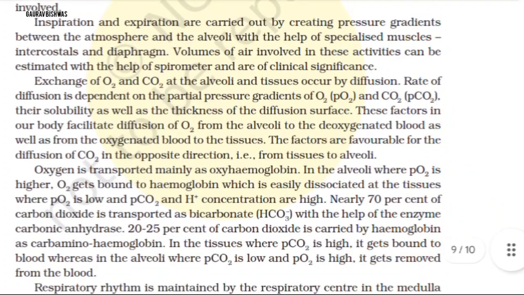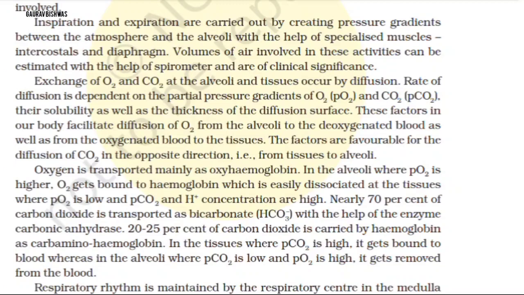Inspiration and expiration are carried out by creating a pressure gradient between the atmosphere and the alveoli with the help of specialized muscles, the intercostals and diaphragm. Volumes of air involved in these activities can be estimated with the help of a spirometer and have clinical significance. Exchange of oxygen and carbon dioxide at the alveoli and at the tissues occurs by diffusion.